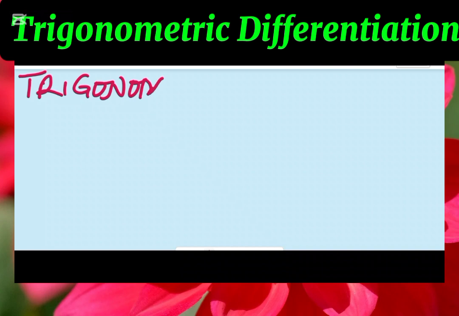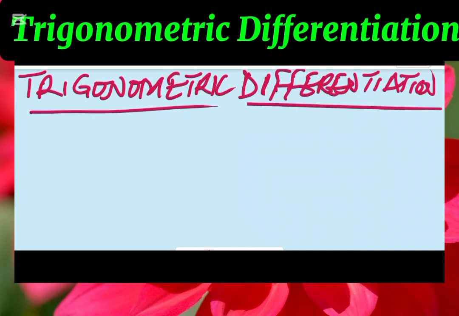Trigonometric differentiation. Recall, we have 6 basic trigonometric functions, which include sin x, cos x, tan x, cosec x, cot x, and sec x. So let's look at the 6 trigonometric functions and their derivatives.